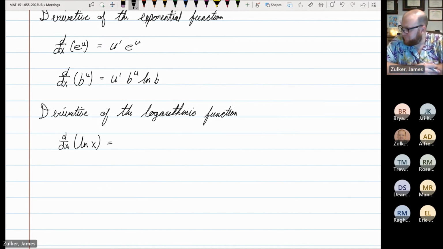Logarithmic function. We're going to start with the natural base. d dx of natural log of u is just u prime over u.